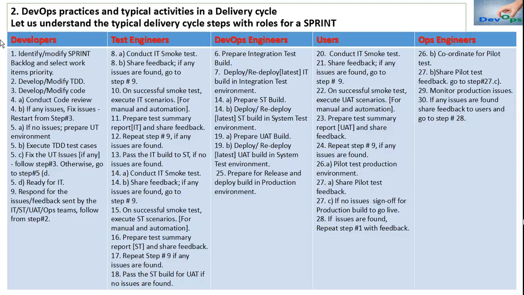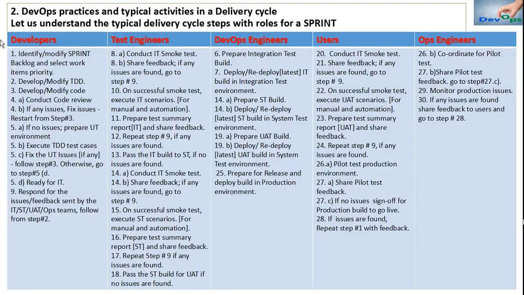If you see number one, let us say the developers identify the sprint items from the PBIs, product backlog items, and they are selecting the items prioritized for the sprint. They are following the test driven development approach, and they are developing the code through TDD, and they are conducting code reviews, and if any issues are found, then they modify the code.